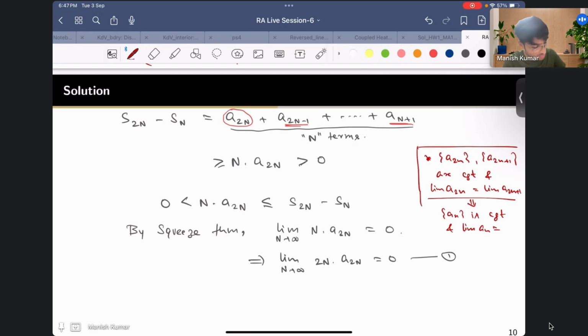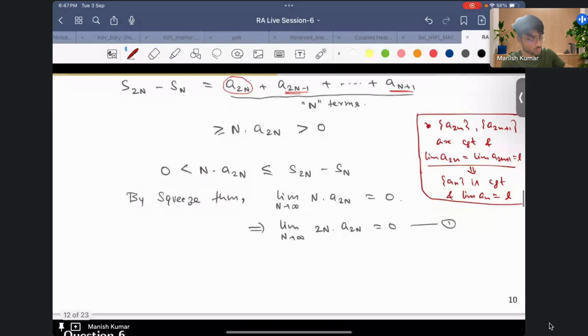So let me say this limit is L, then this will also be L. Okay, so this is the theorem we'll try to use.